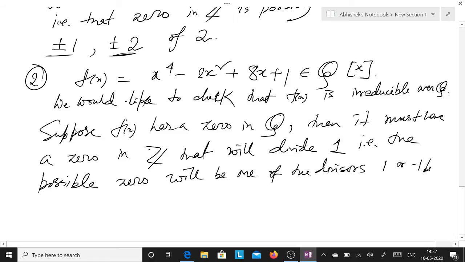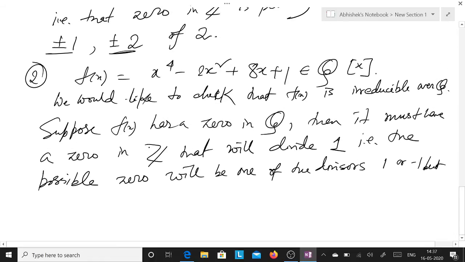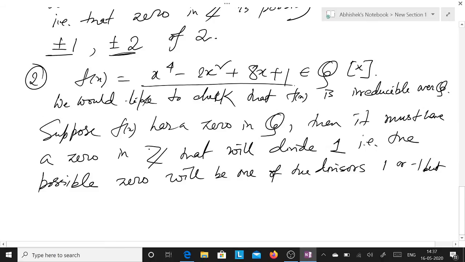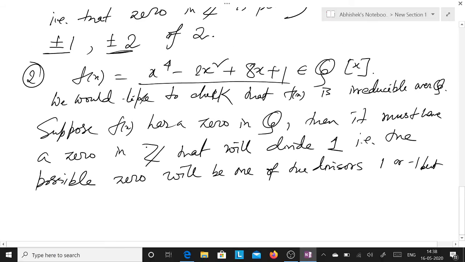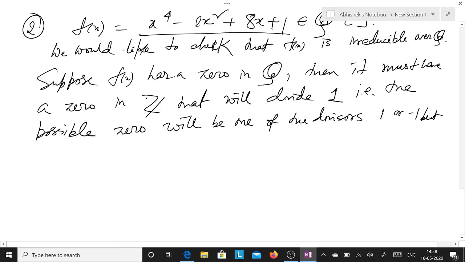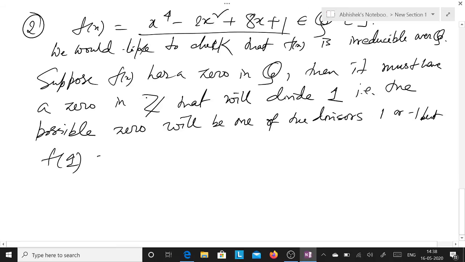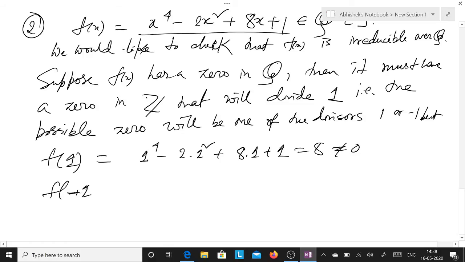But if we put 1 or minus 1 into the polynomial f(x) in place of x, then we will see that f(1) will be 1^4 - 2(1^2) + 8(1) + 1. So this is 8, which is not equal to 0. And if we put minus 1 in place of x, we will see that it is minus 8, which is again not equal to 0.